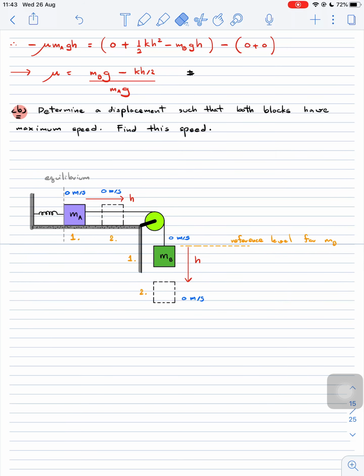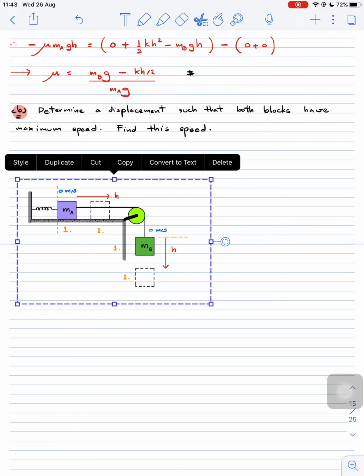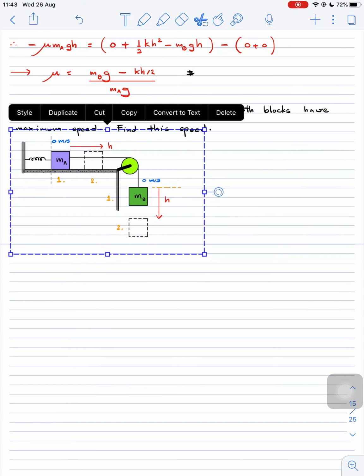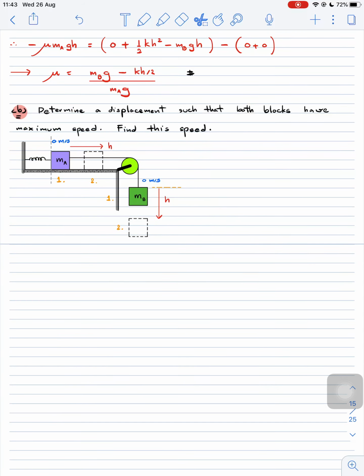Maybe just use this one, and reduce the size. Okay, looks nice. So now we want to determine the displacement such that both blocks will have the maximum speed, and we want to find the speed.